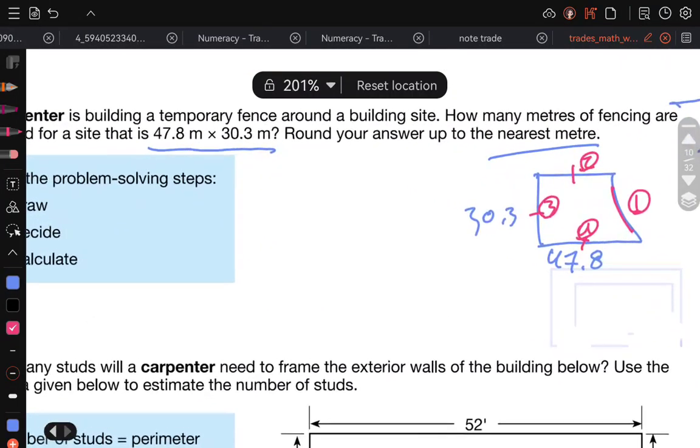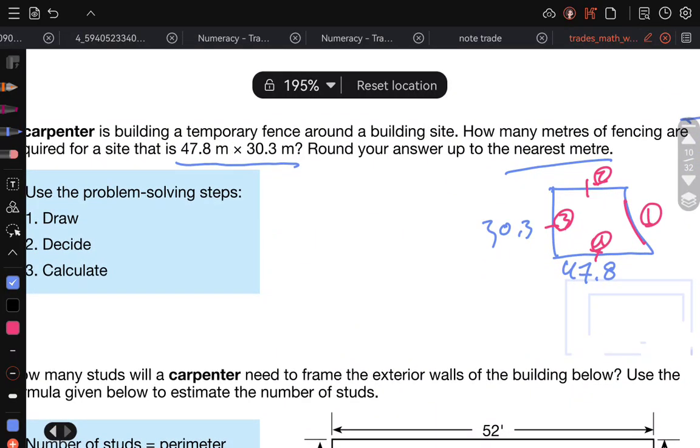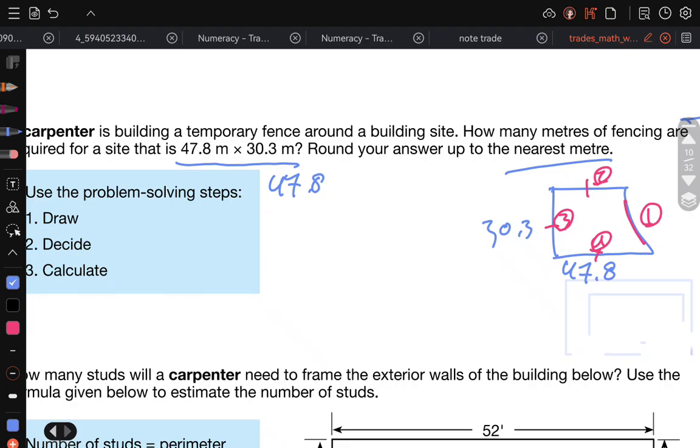So basically, let's do it together. 47.8 multiplied by 30.3. Let's just do it quick, or you know what, let's just multiply it by 2. Why multiply it by 2?